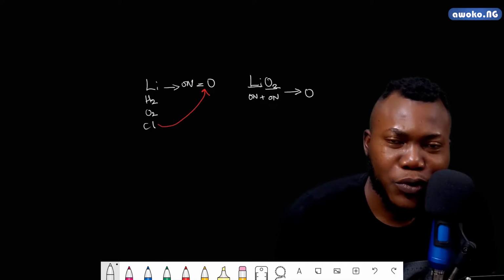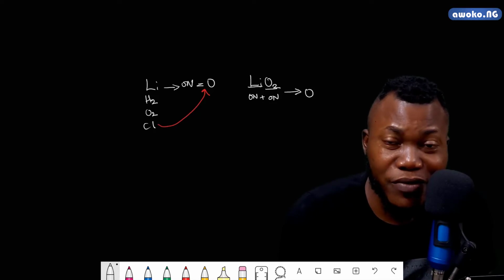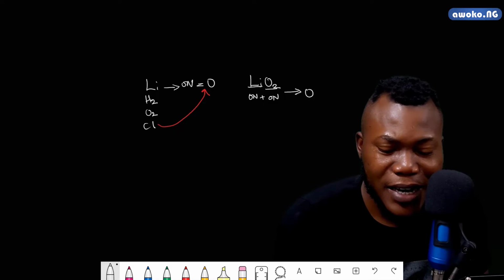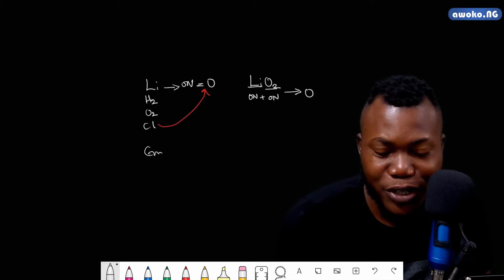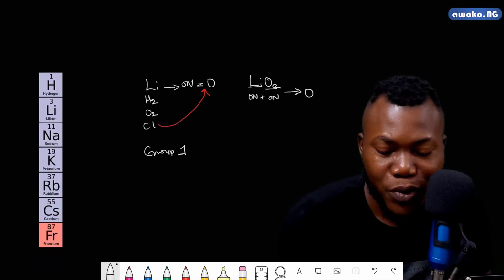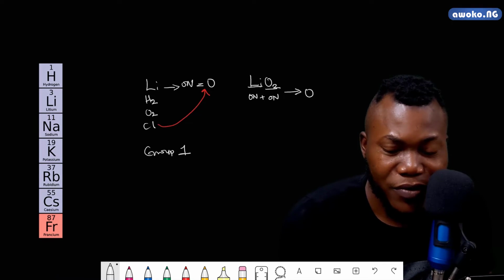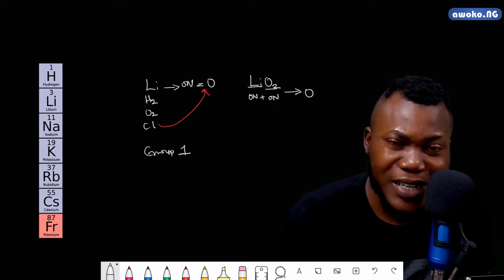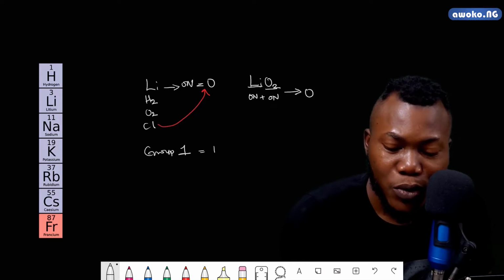Another rule that we have to know when we want to decipher the oxidation number or the oxidation state of an atom is that if an atom is found in group 1 of the periodic table, then automatically, if you find that particular atom in a compound, its oxidation number will be equal to +1.